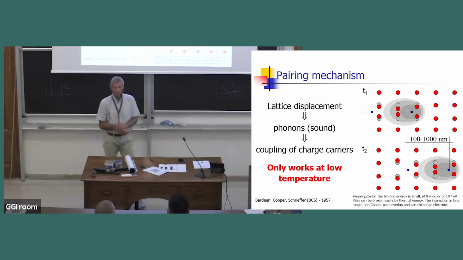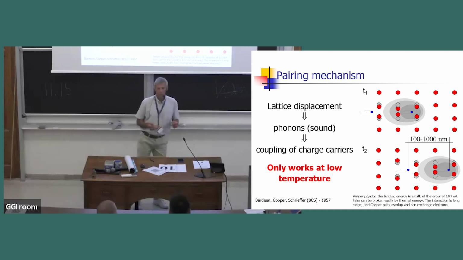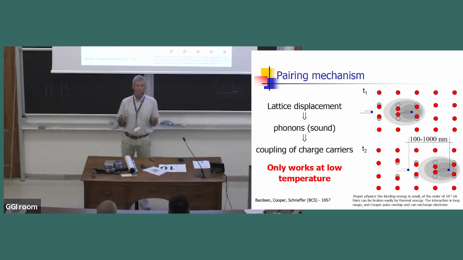Okay, so what is the mechanism? What is that magic elastic that couples the two electrons? Just imagine again in the lattice, one of the two paired electrons is moving and it's actually causing an attraction, right? Positive ions, negative electrons, the lattice is actually vibrating as the electron goes through.